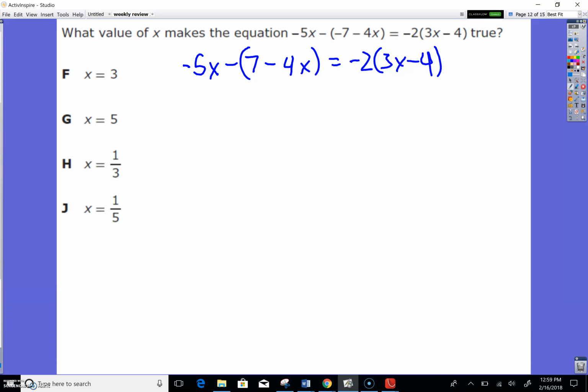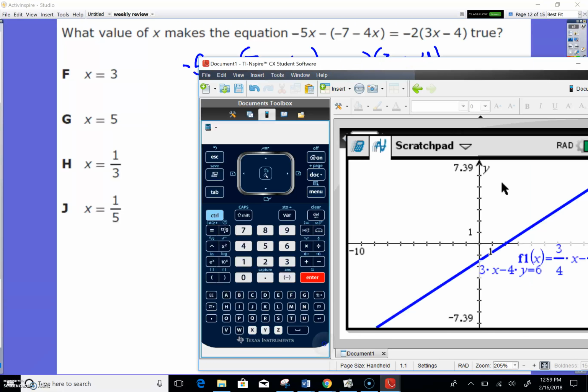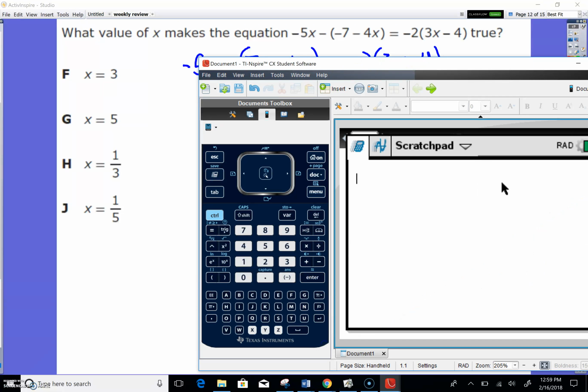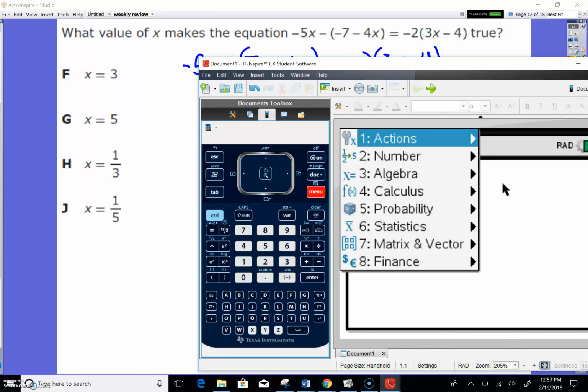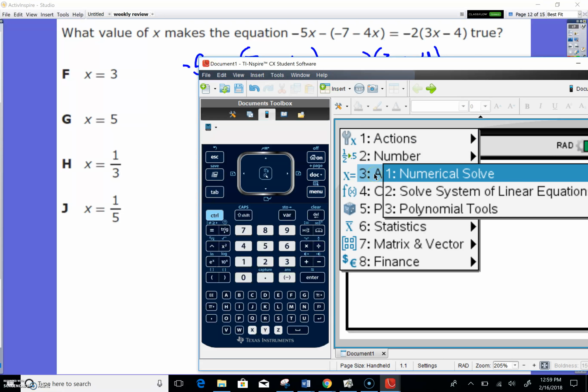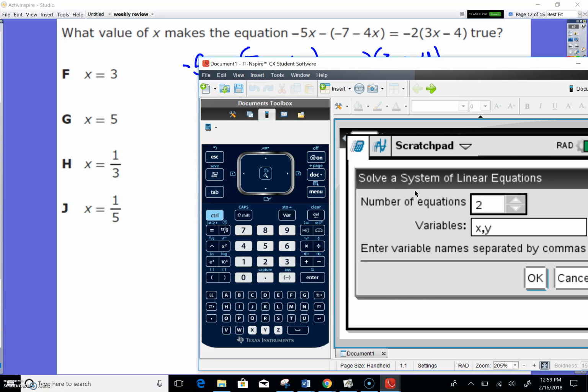I could just use my calculator to answer this problem, okay? So I go to my calculator, menu, algebra, solve systems.